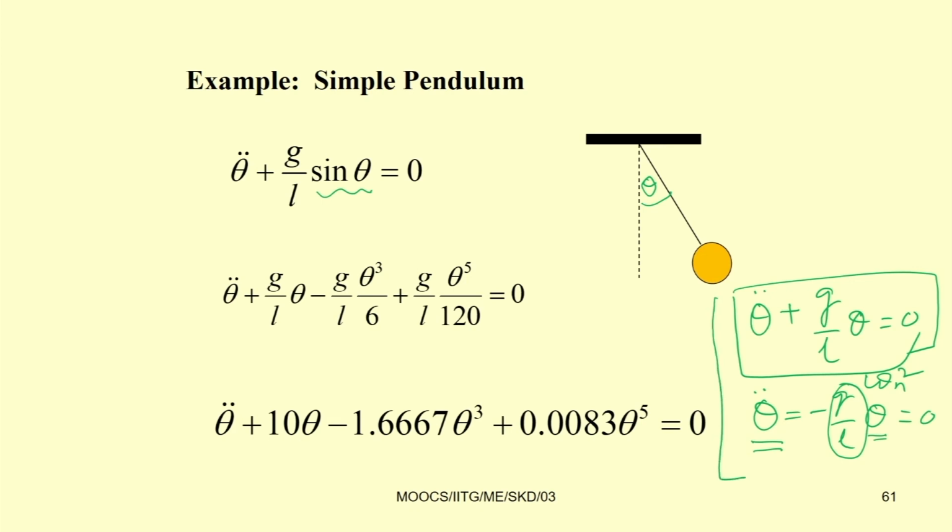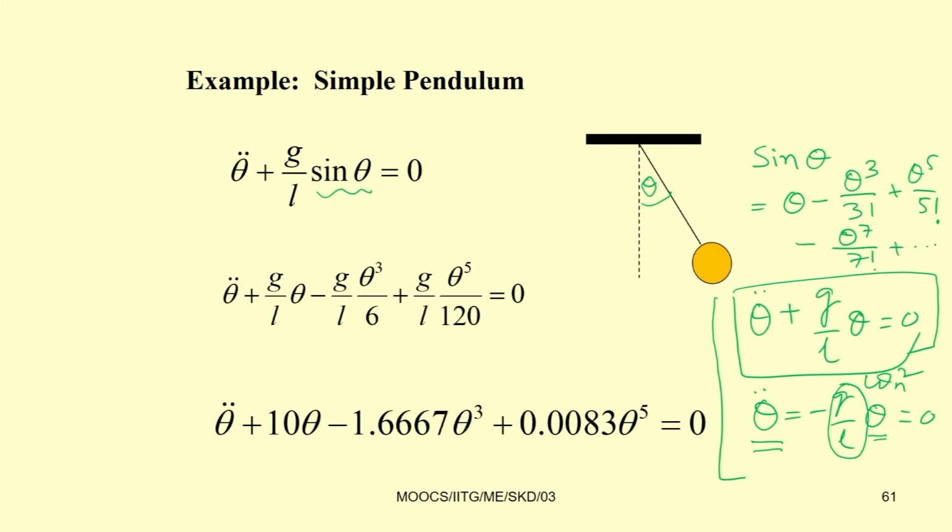Now if theta is not small, you can expand sin theta. Sin theta equals theta minus theta cubed by factorial 3, plus theta to the fifth by factorial 5, minus theta to the seventh by factorial 7, and in this way you go on expanding.